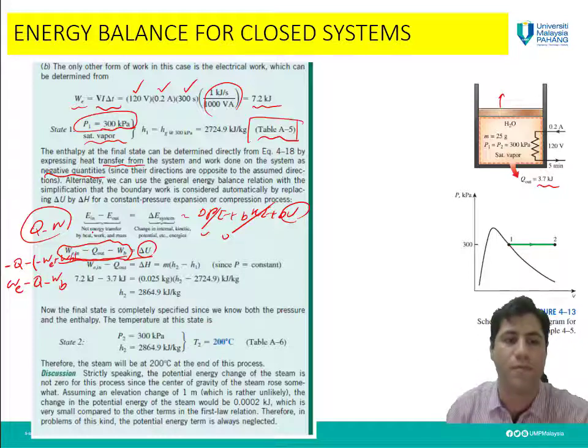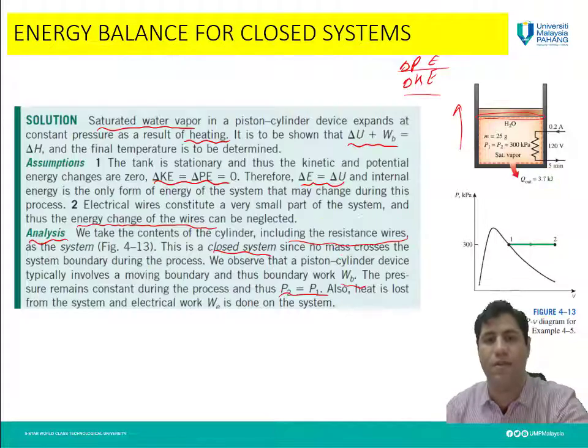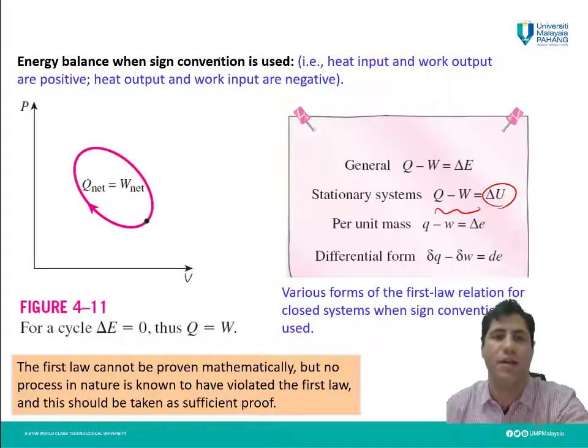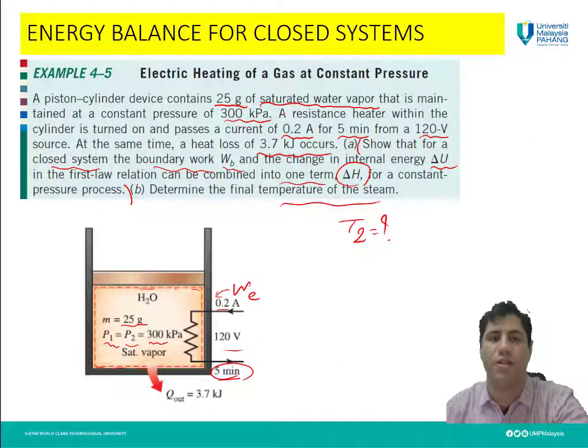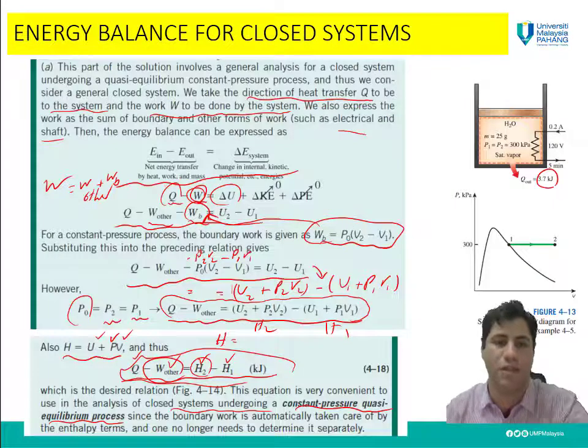However, generally we need to put it in this equation as a general form. This is, as I discussed, the sign convention. So we usually use this equation and these assumptions. Otherwise, we need to state them.